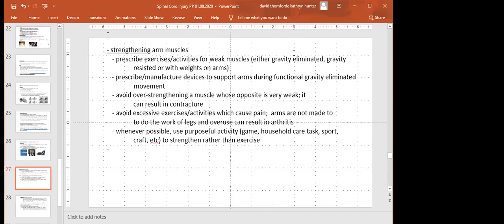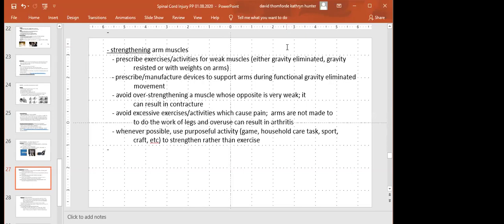But there are some devices that allow the person to be more functional. You can find a device that goes over the back of the wheelchair and has a structure above the wheelchair and then springs coming down and then loops, and the person puts their arm in the loop, and that allows them to horizontally abduct and adduct their shoulders, swing their arms back and forth, even though they don't have the strength to hold their arms up.